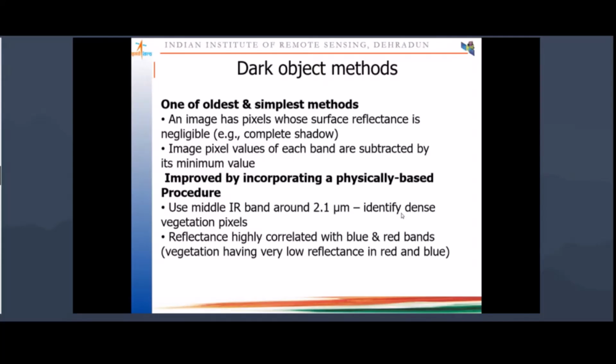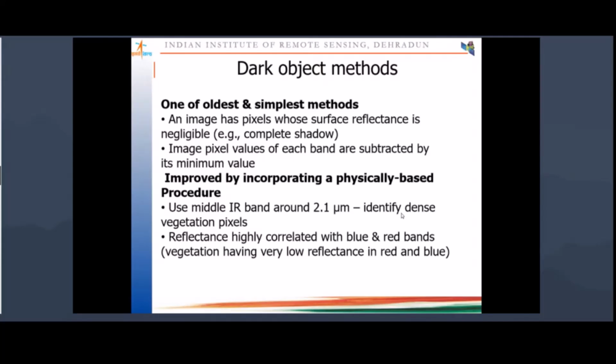However, if you find that there is some amount of reflectance or some amount of digital numbers over those pixels which you assume should be having zero values or near zero values, you can pick up those pixels, take an average or choose the minimum value and subtract this minimum value or the average of the dark pixels from the entire image.